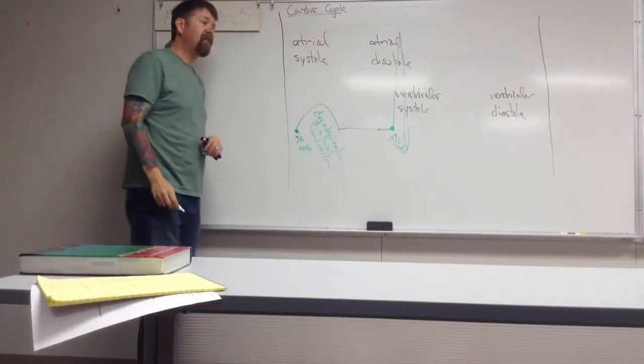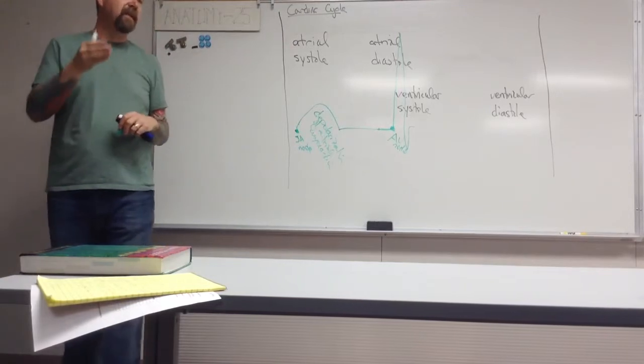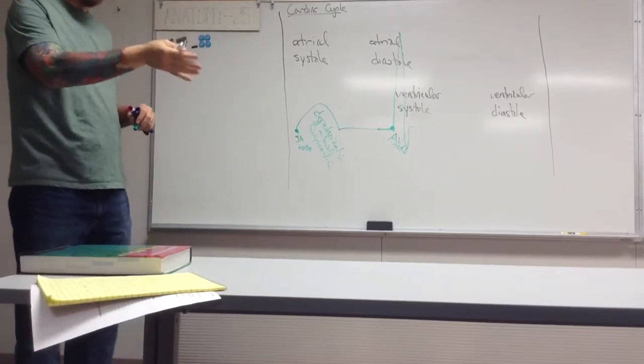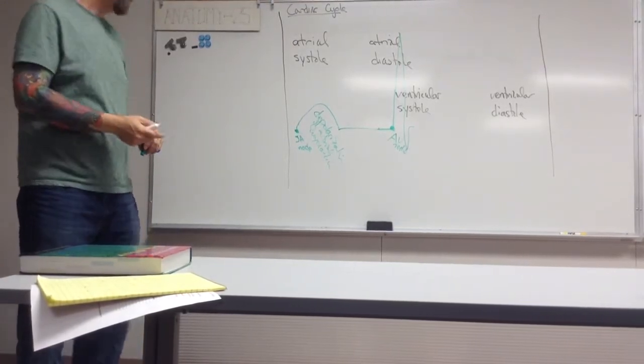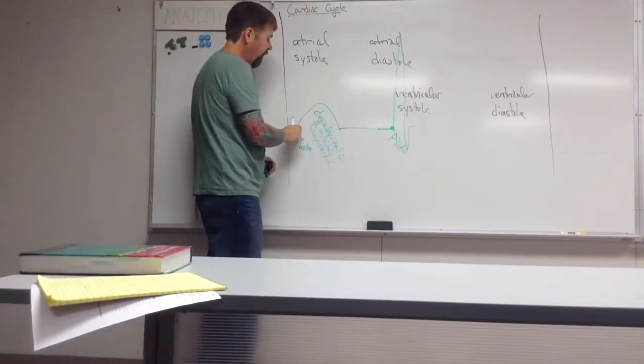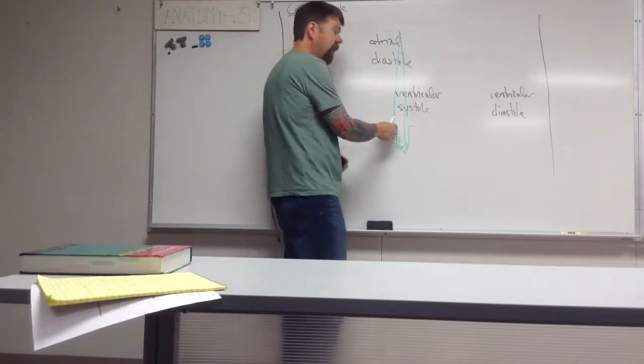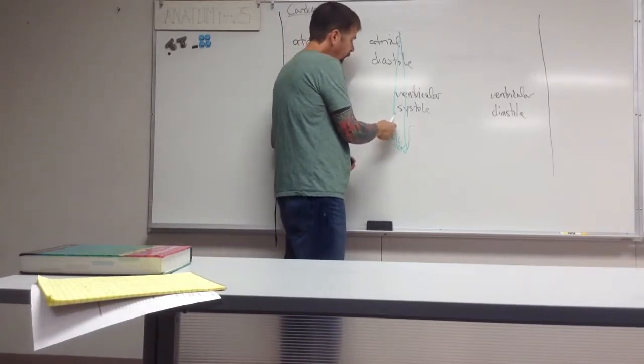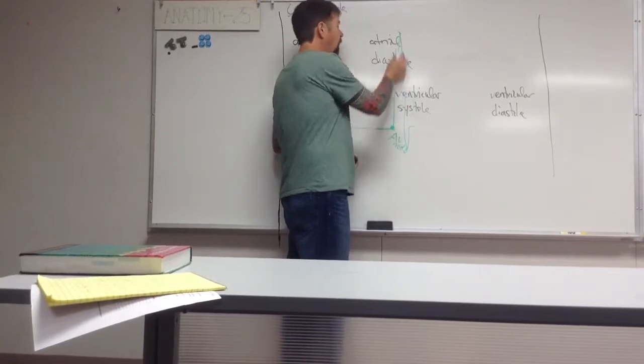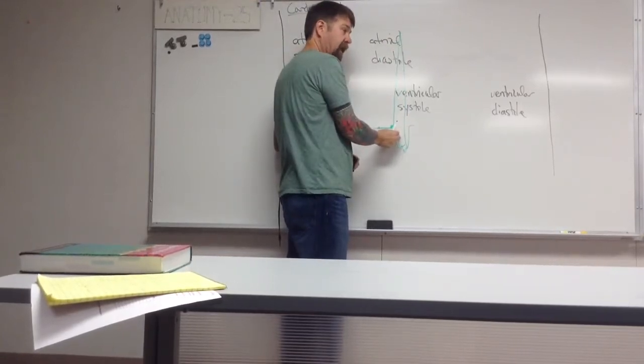Because of that speed with which the signal is transmitted through the myocardium. So here, it just went from muscle cell to muscle cell, but still pretty quickly. Here, it goes from bundle branches, Purkinje fibers to all of the myocardium at the same time.